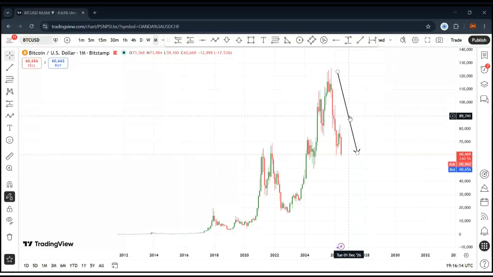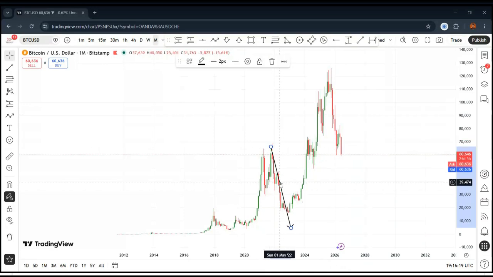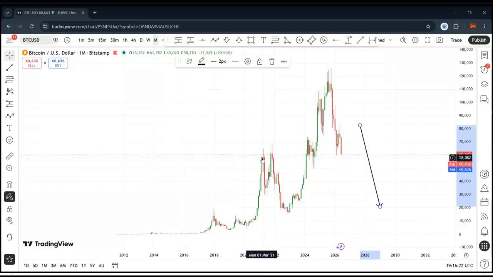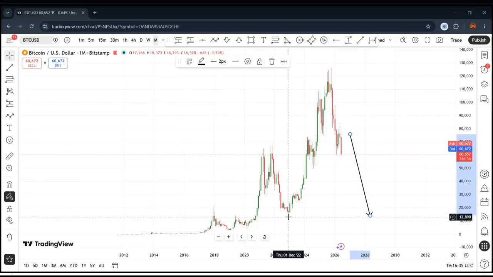Because we saw the market do something like this in 2022. When the market created the all-time high in 2021, we saw the market pull back. People were saying Bitcoin is going to crash.